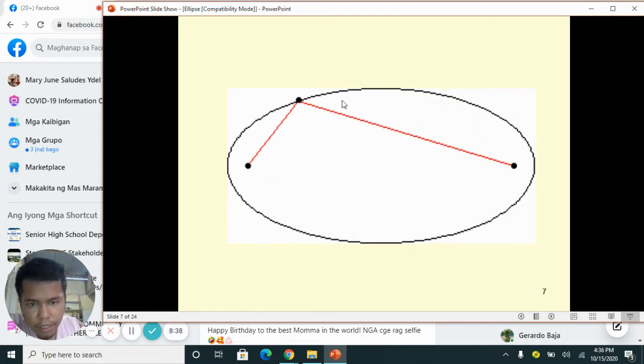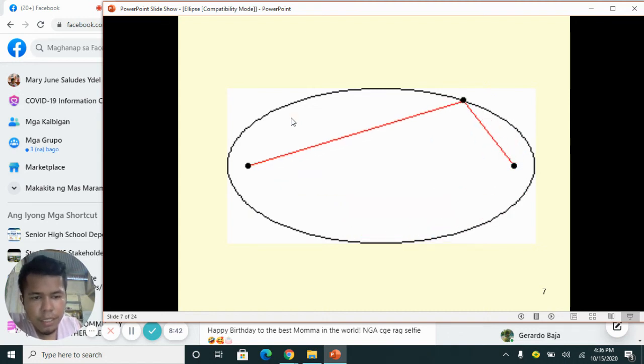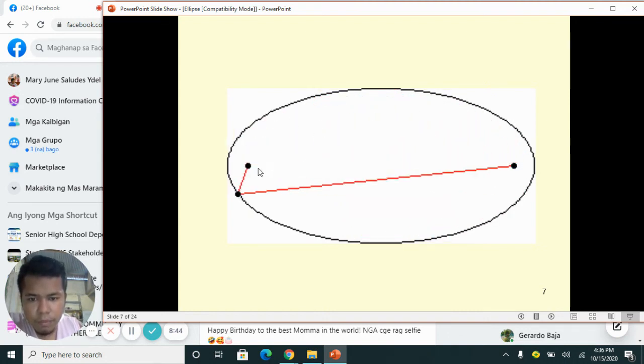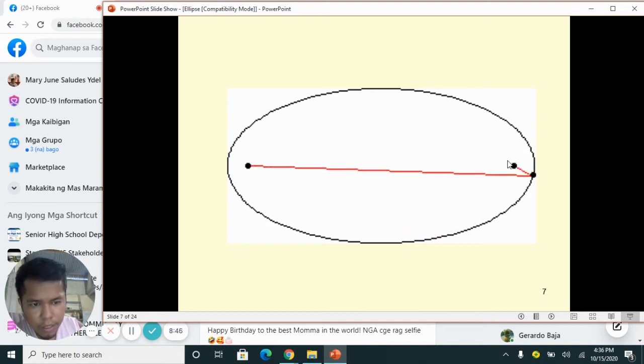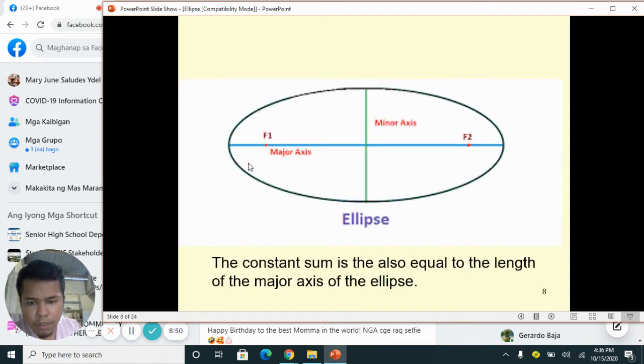Set of all points na siya, which the distances are constant from two fixed points which are the focus. Okay? So the constant sum is also equal to the length of the major axis.